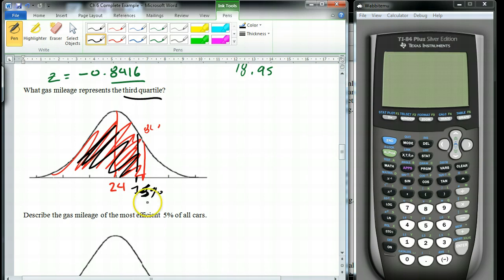Okay, so it's similar here. First step, I have to get a z-score for 75%, and I can only do that with a calculator or my table.